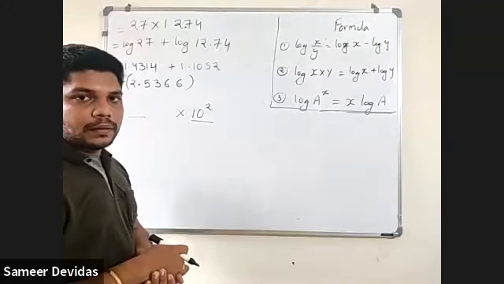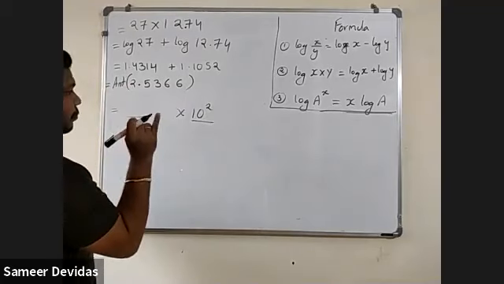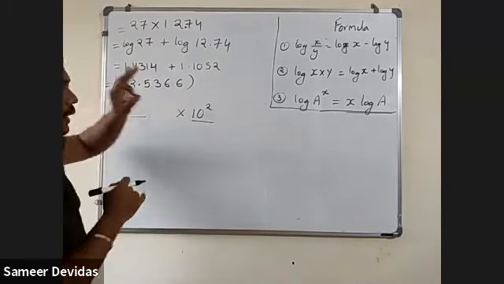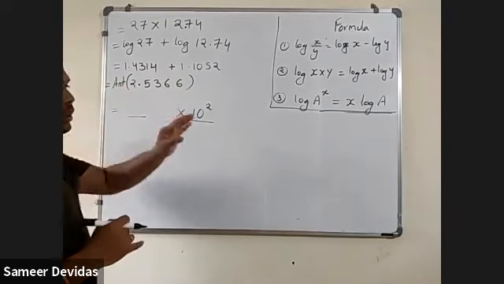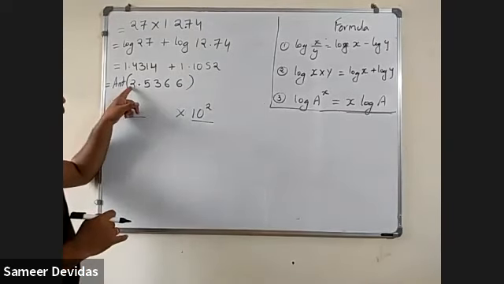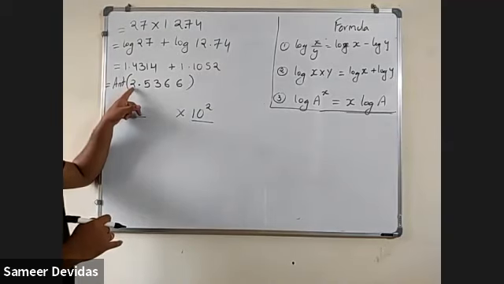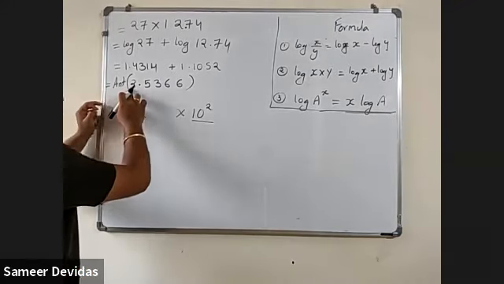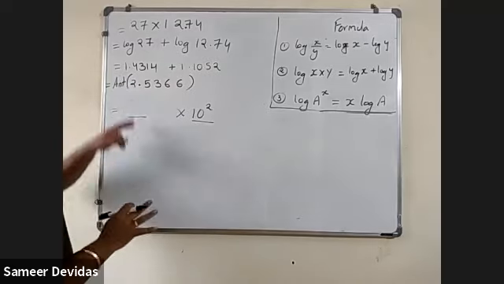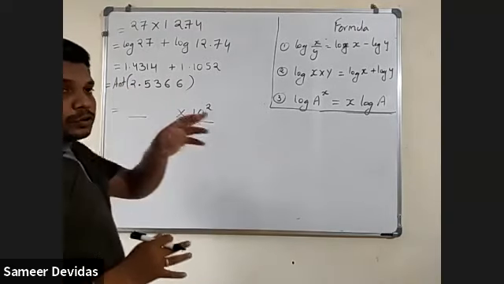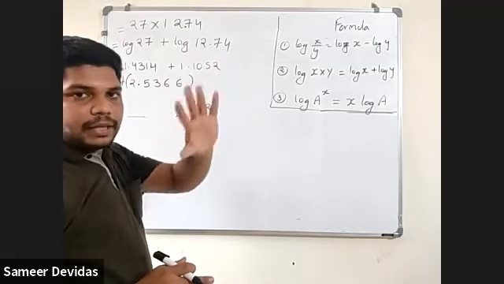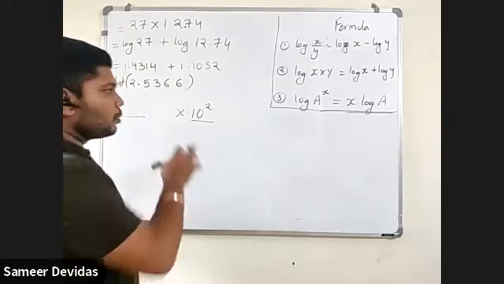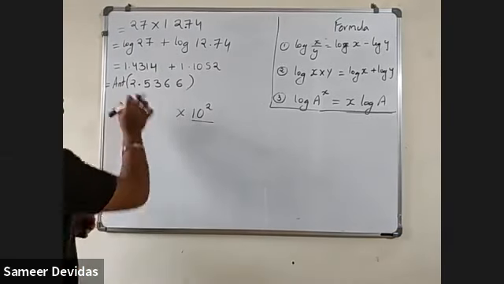At present we will learn a positive number and zero before the decimal. If there is a negative number, -2, -3, -1, -4, then you have to make slight changes, which I will tell you later. In the first case we will see zero or a positive number, from +2, +3, +4 till +9. 10 will not come most of the time, because smaller numbers will come at this stage. So 10 raised to 2.